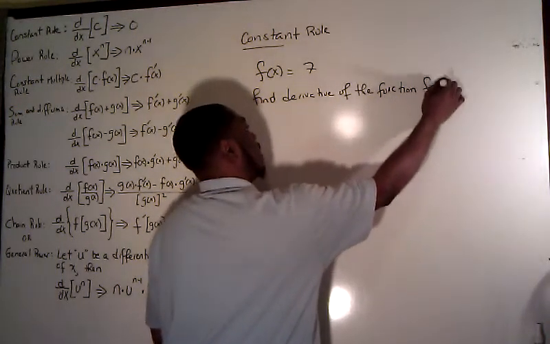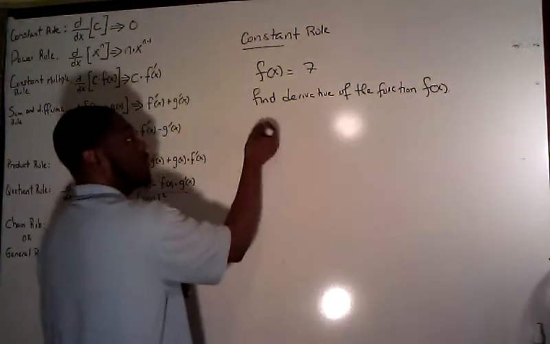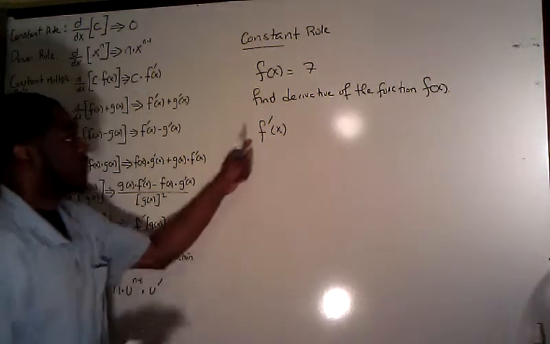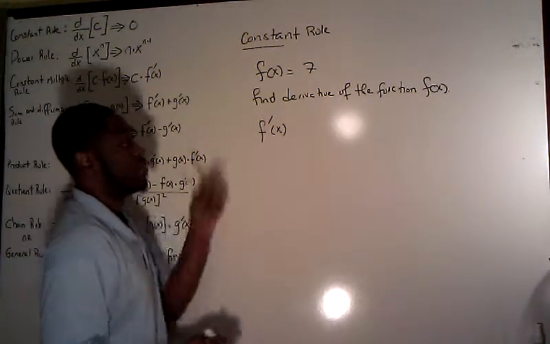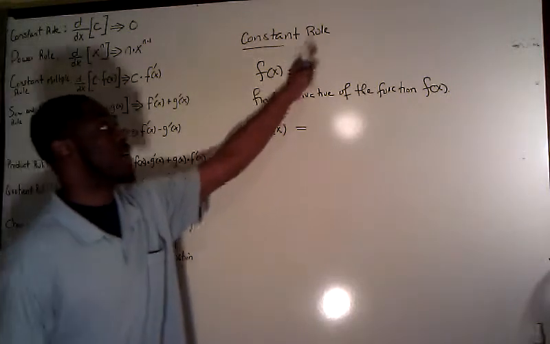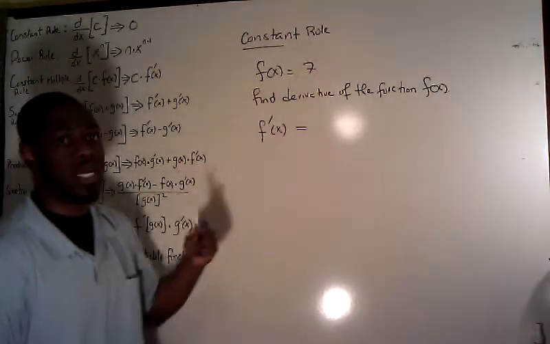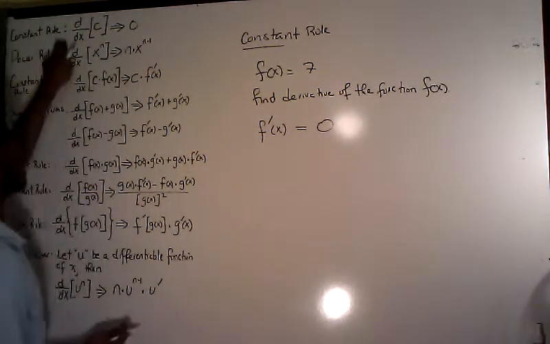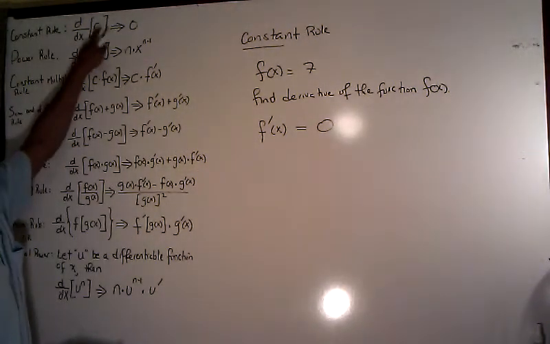we use the notation f prime of x. The derivative is denoted by this prime symbol. The derivative of any constant, if you just have a constant and no variable, is simply 0. You can see that's the first rule here: the derivative of any constant is 0.